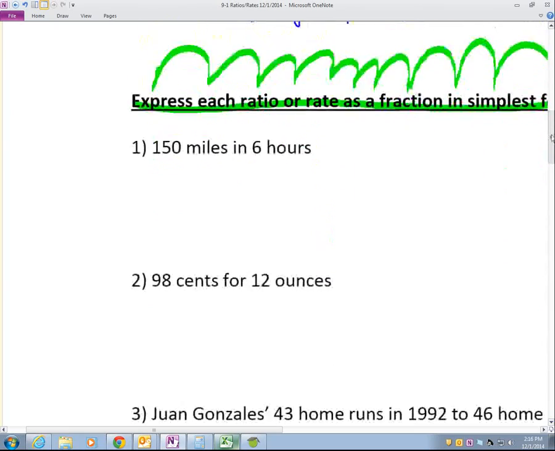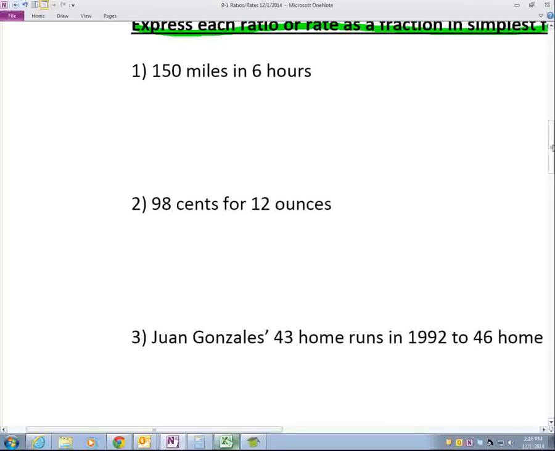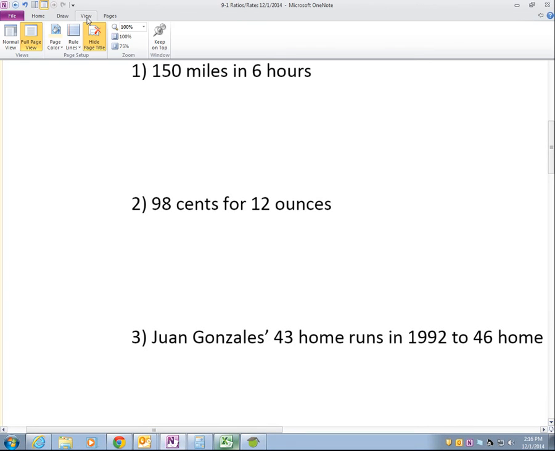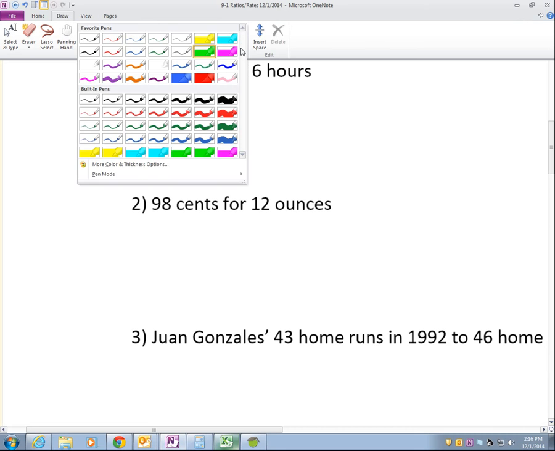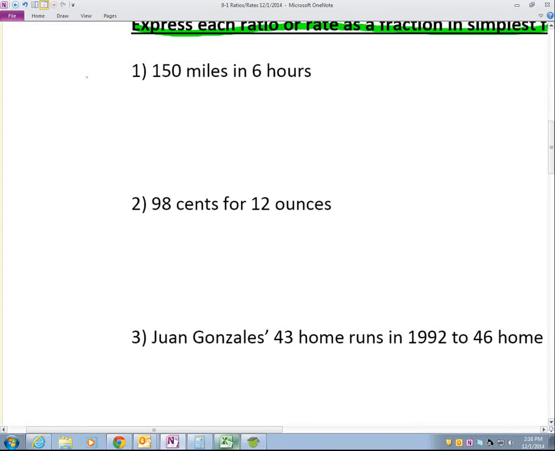Number 1. We are going to express the rate as a fraction. So look above in your notes and see which one of those looks like a fraction and how we're going to get it. Now, there's a couple of ways that things often happen.